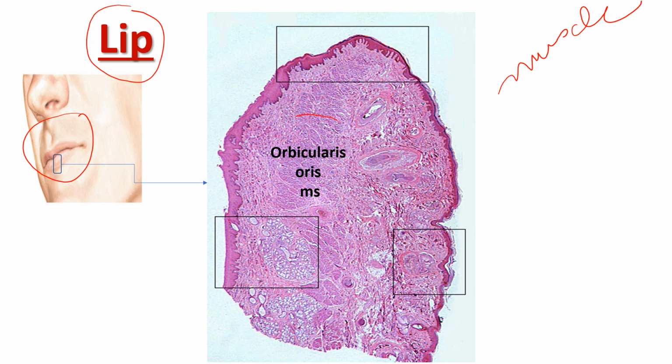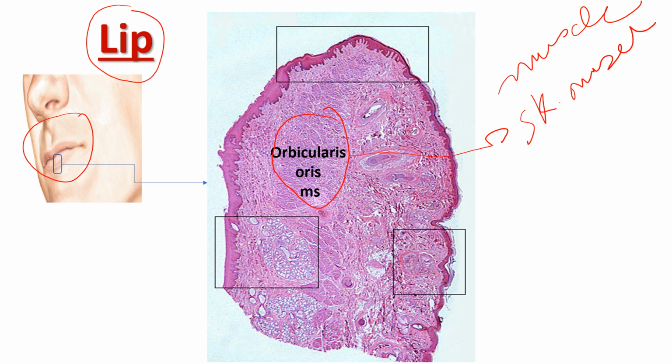It is mainly the muscle called orbicularis oris. It is a circular skeletal muscle, so it is voluntary. The lip consists of circular skeletal muscle called orbicularis oris.